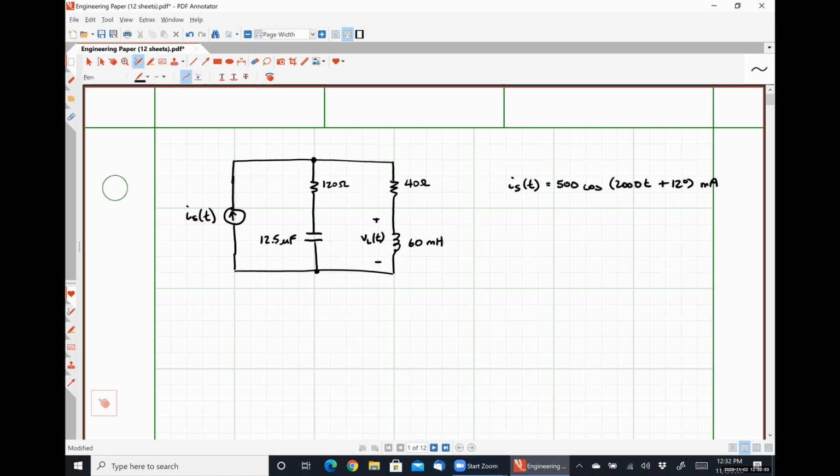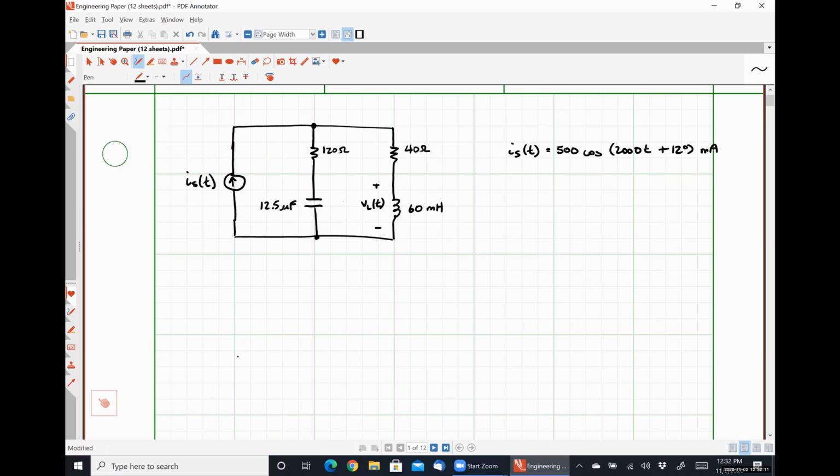Our first step is simply going to be to convert the circuit from the time domain into the frequency domain. So I'm going to redraw it. All of my components are going to stay the same, but their values are going to be significantly different.